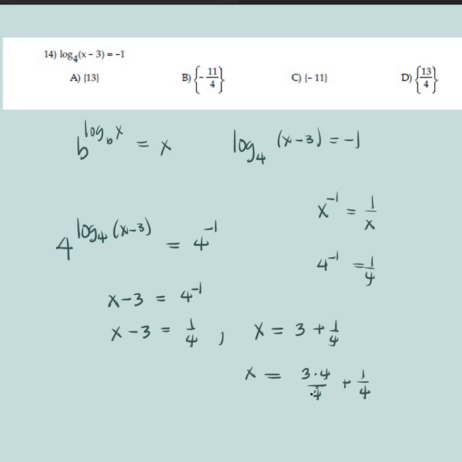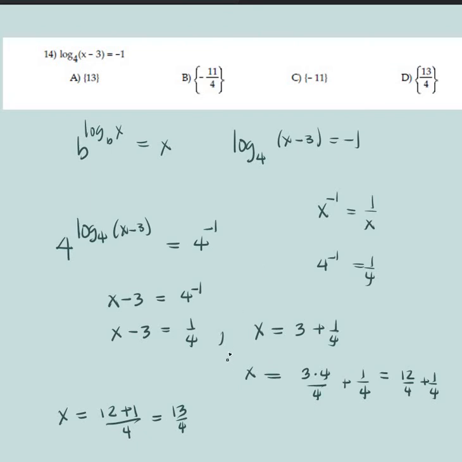If you cancel 4 and 4, you will get 3. That's why we did that. So doing this, we will have 3 times 4 is 12 fourths plus 1/4. Now that they have a common denominator, this is going to be equal to 12 plus 1 divided by 4. The answer is 13/4, which actually is D.